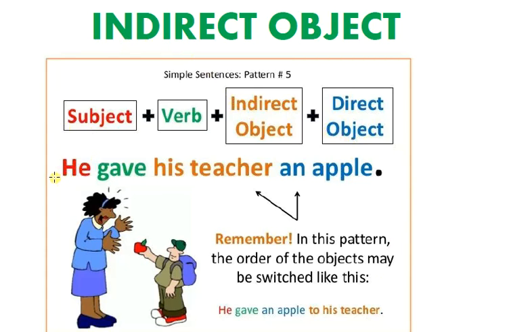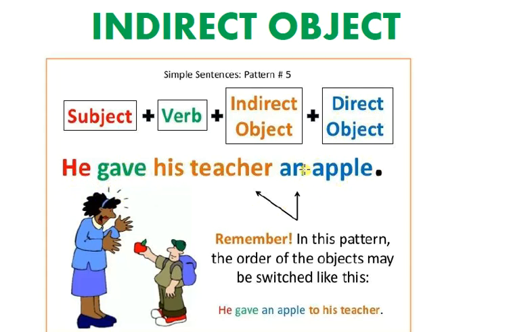The sentence is, he gave his teacher an apple. Remember, identify the subject. He. Identify the verb. Gave. The direct object is the answer to, he gave what? An apple. That is a direct object.